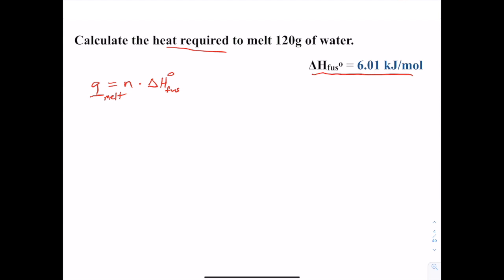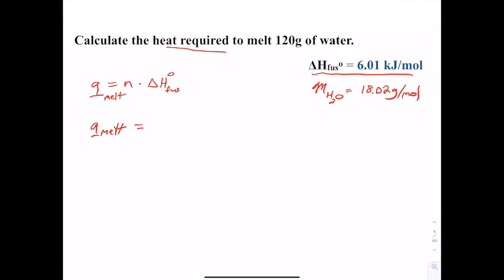And another thing we might want is the molar mass, which you can use your periodic table or look it up. So 1 mole is 18 grams. If we have 120 grams, we have more than a mole. How do we do this? Q, the heat required to melt, is going to be the number of moles times the kilojoules per mole.